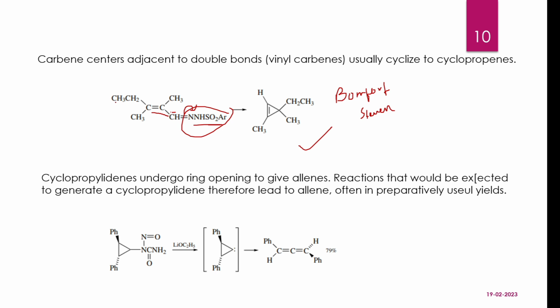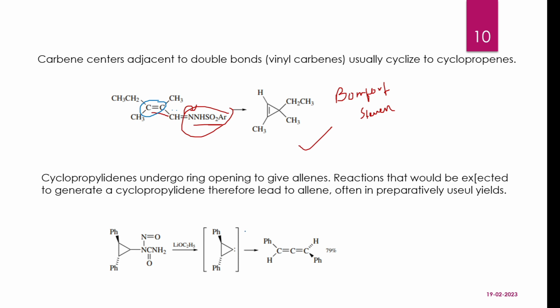So through the Bamford-Stevens reaction, a carbene will generate here and this carbene will add up to this double bond, giving us this type of cyclopropene ring.